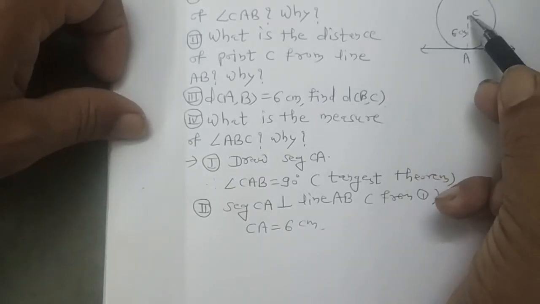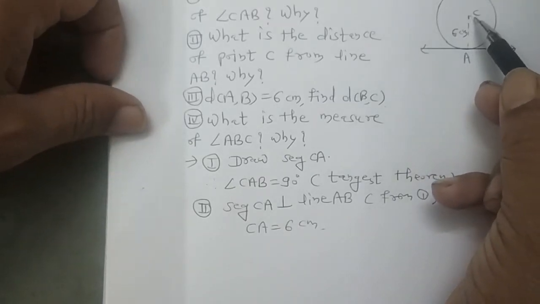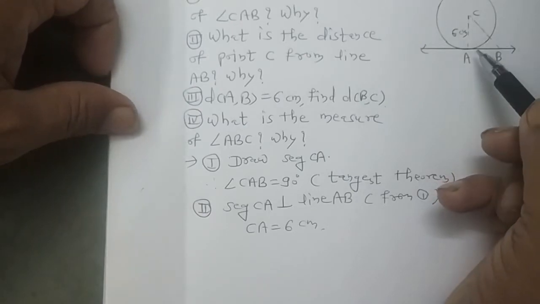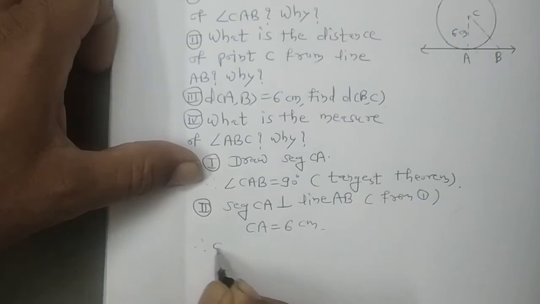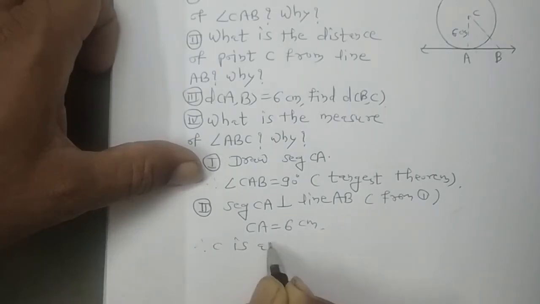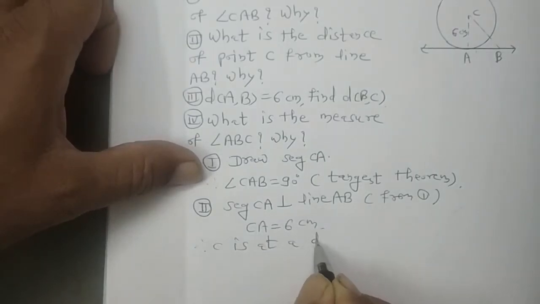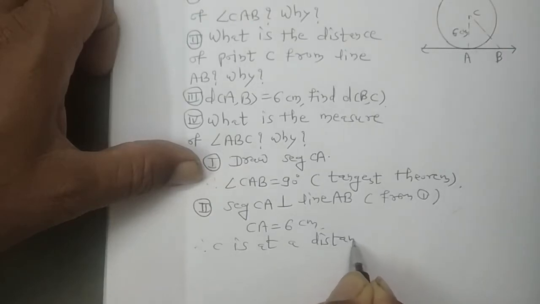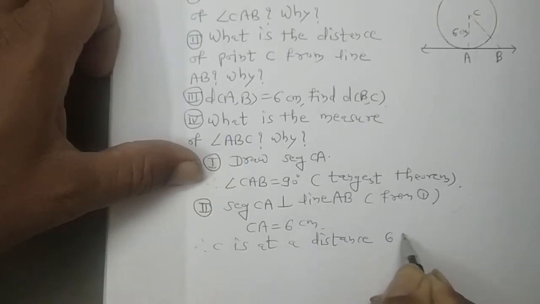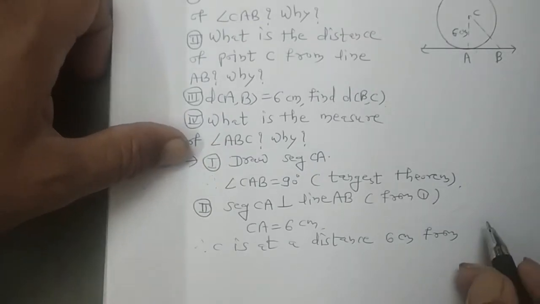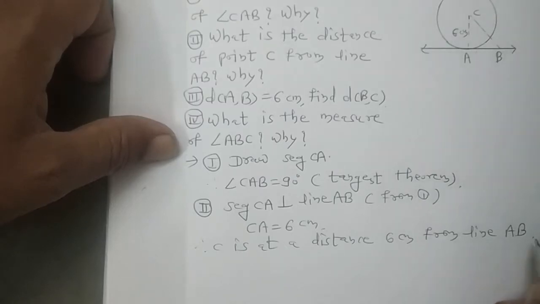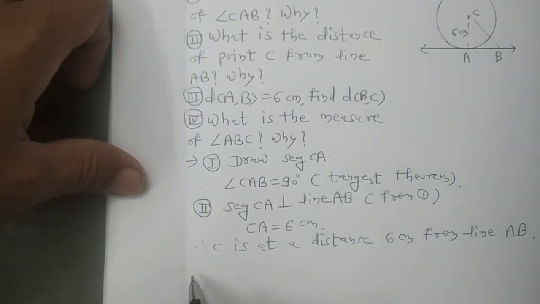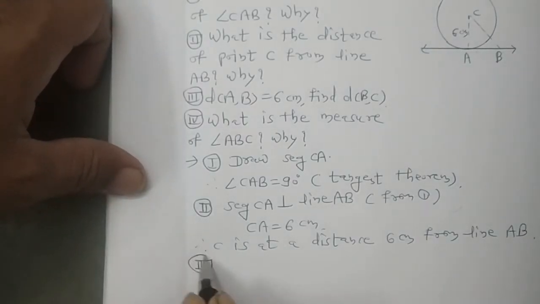Therefore, C is at a distance 6 centimeter from line AB. This is second.